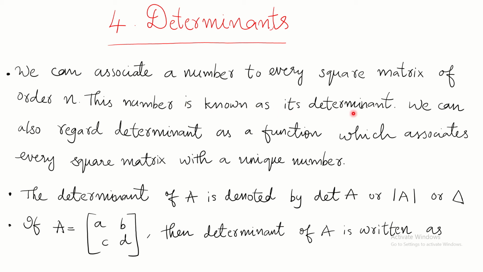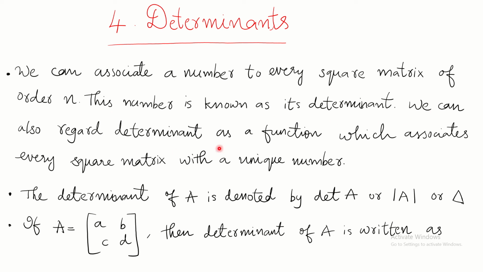That is what I said before: you'll be given a square matrix of order n. N means it can be a 1 cross 1 matrix, a 2 by 2 matrix, or a 3 by 3 matrix. While solving the matrix, the number you get is your determinant value.